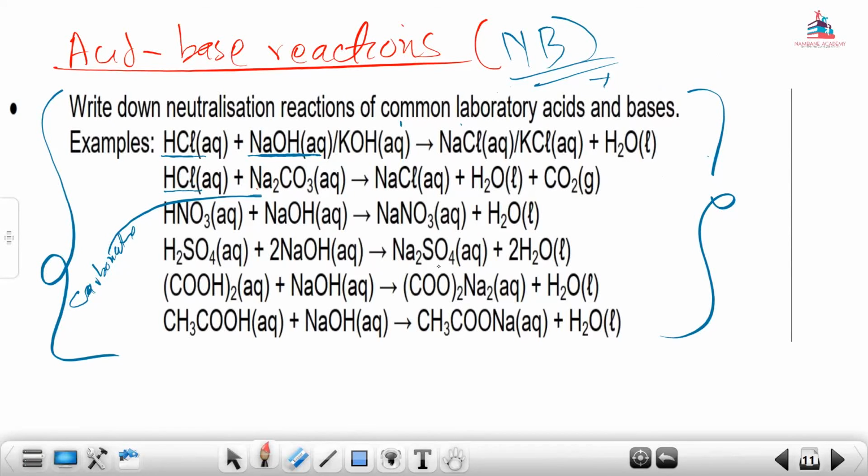But as much as it says write down the neutralization reactions of common laboratory acids and base, we write them in such a way that we perform what we call acid base titration.